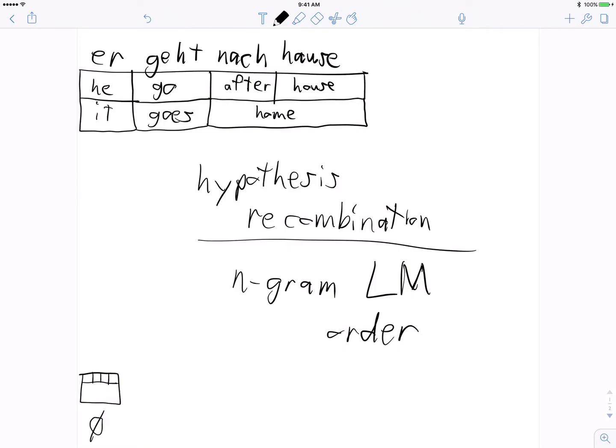In this example, we're going to assume a bigram language model. In other words, the n in the n-gram language model is going to have a value of 2.